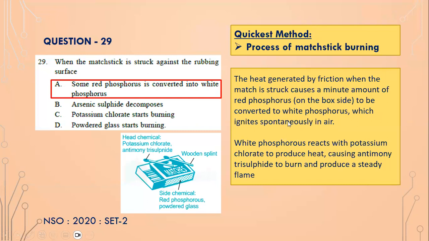It produces a spark, and because of that, the white phosphorus reacts with potassium chlorate on the matchstick to produce heat. The heat causes the antimony trisulfide on the matchstick to burn, and it will produce a steady flame.